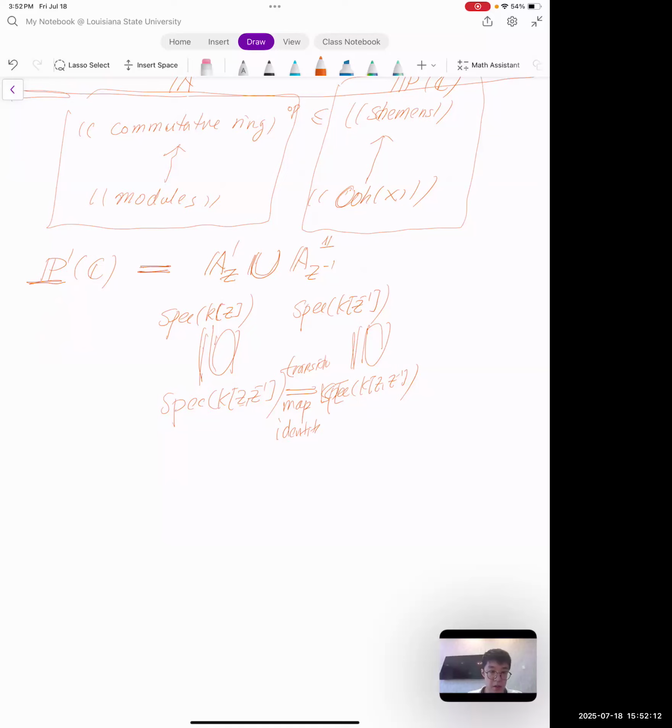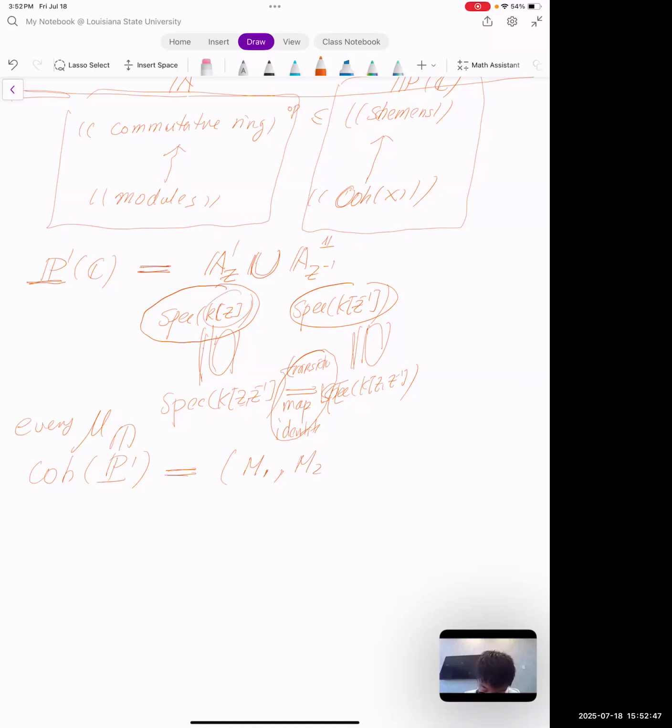Okay, now let's think about what the quasi-coherent sheaf or coherent sheaf data are. In order to have a coherent sheaf datum, as I said before, you need two modules, one module of this, one module of this, and you give me the transition map between localizations. So any quasi-coherent sheaf on P1 is given by two modules, M1, M2.